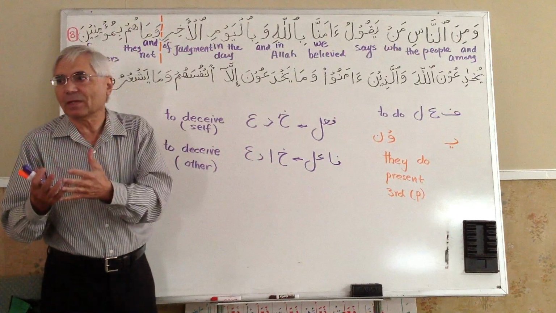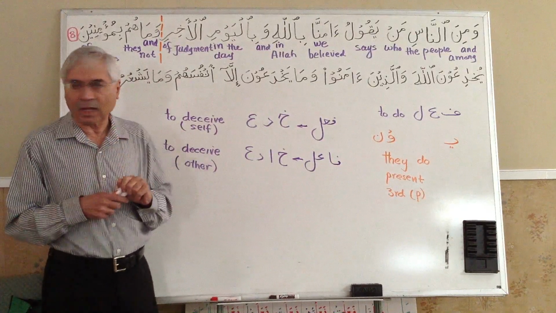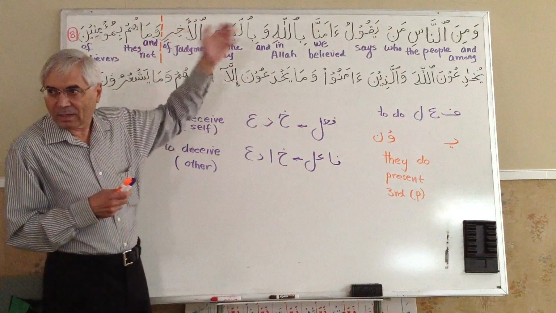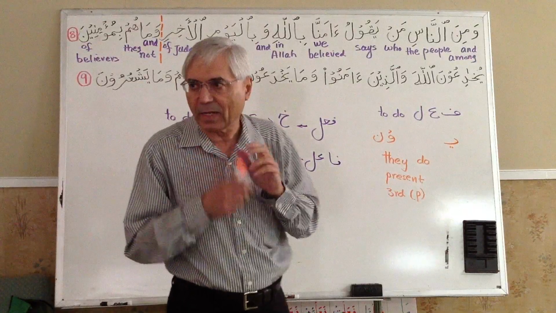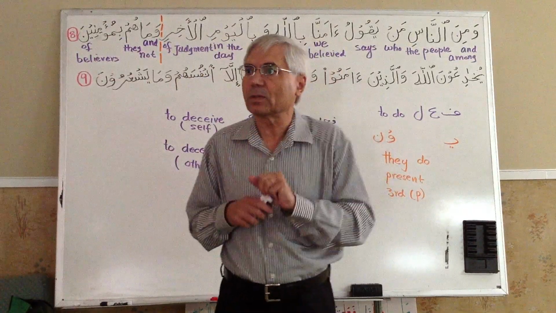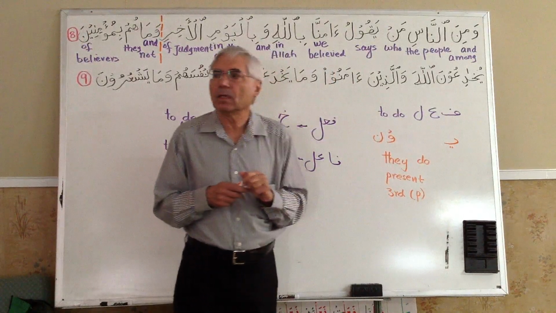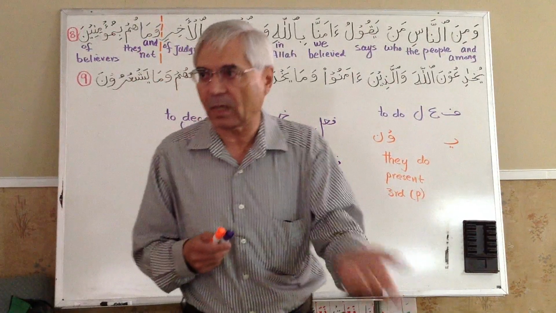They are trying to deceive Allah subhanahu wa ta'ala, because Allah knows what is in their heart, and they are claiming that they believe in Allah, and Allah knows that they are lying. So they think they are trying to deceive Allah subhanahu wa ta'ala. So that is what the meaning is. Yukhadi'un Allah, they are deceiving Allah subhanahu wa ta'ala.